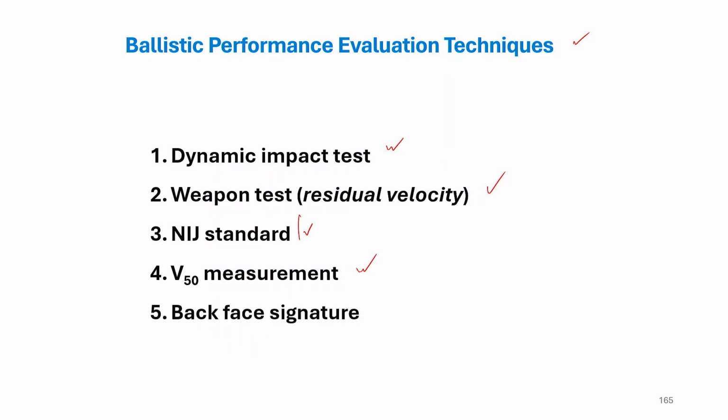The fifth one is, after the test, the back face signature, which is for trauma on the wearer. It is also called back face trauma. We can test it by measuring the depression of the backing material, which we have also discussed earlier.